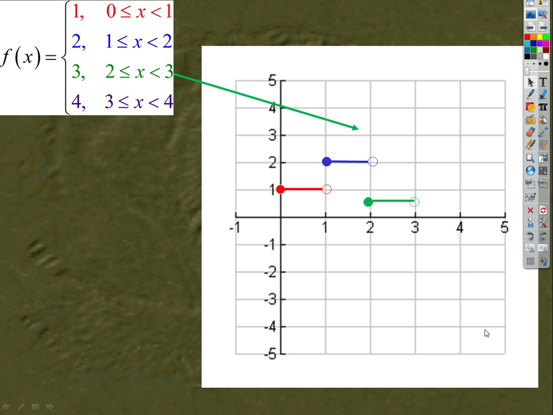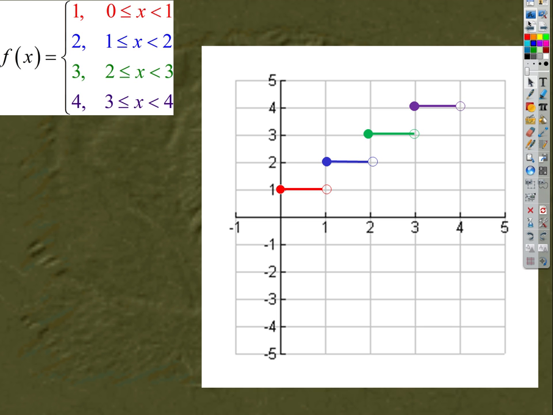And then finally, I get y equals 4, horizontal line, y-intercept 4, closed endpoint at 3, open endpoint at 4. Yep. Okay, so you guys try, please.